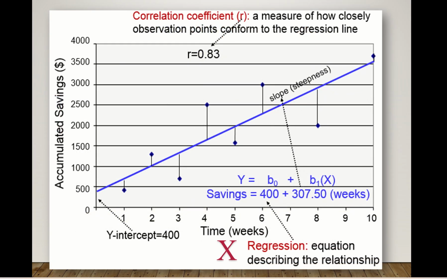So here we have an example of a regression analysis of time, which is our x, versus y, which is our cumulative savings. Basically we're setting up a regression model that's showing us the relationship between how much time somebody's been saving money versus how much they've saved, which is y.